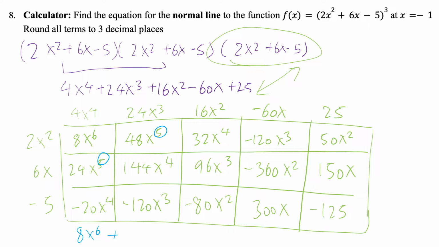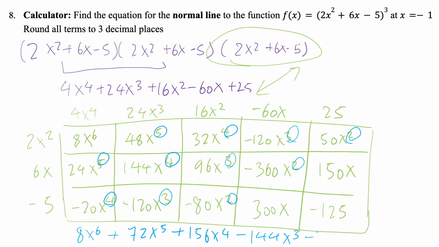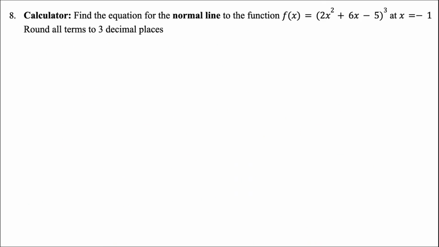the next biggest exponent is 5, 72x to the 5th. The next ones are to the 4th power plus 156x to the 4th. The next one is to the 3rd power. So we get minus 144x to the 3rd. Next we have to the 2nd power minus 290x to the 2nd plus 450x minus 125.